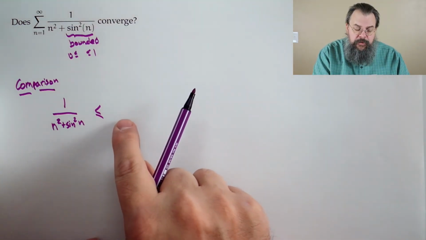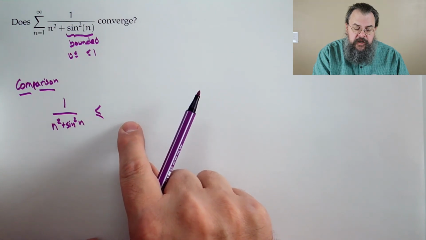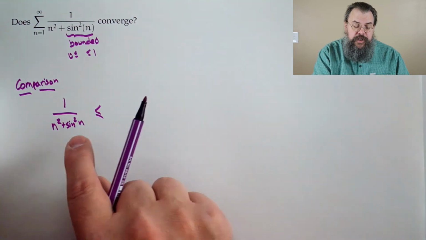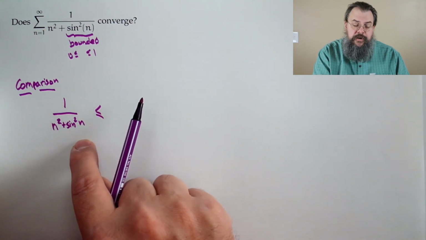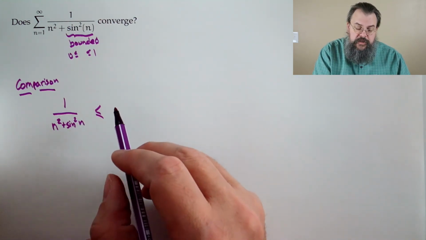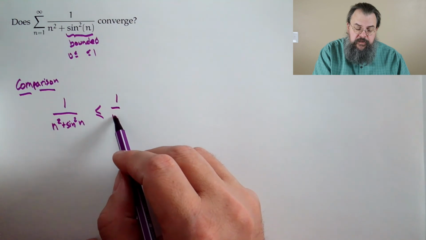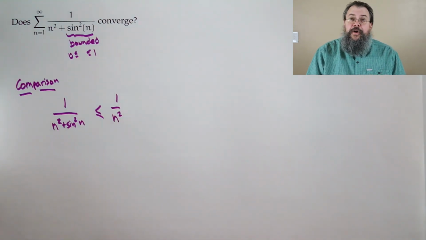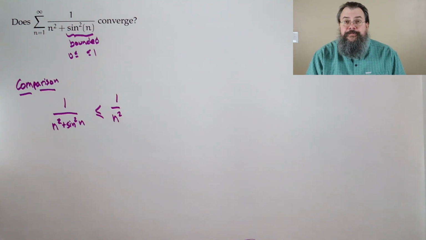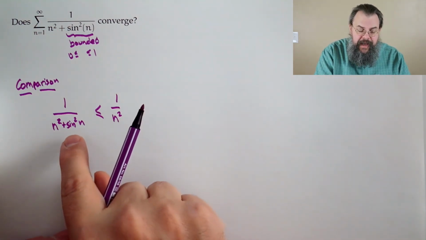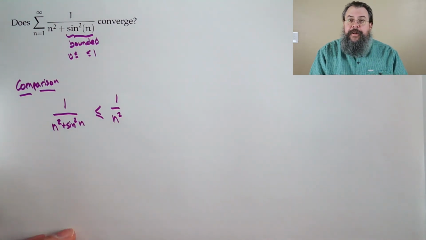So if I want something larger, I should make a smaller denominator. So I should remove something, the thing that's not important. The sine squared n is not important. So we have the following. 1 over n squared is an upper bound for 1 over n squared plus sine squared. And that's true, because the sine squared adds a little bit, making the denominator larger.